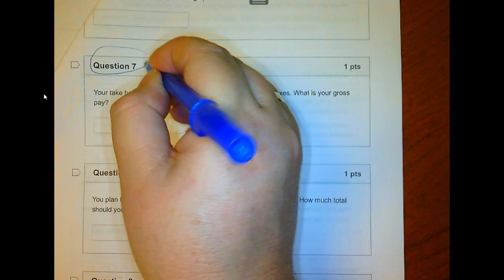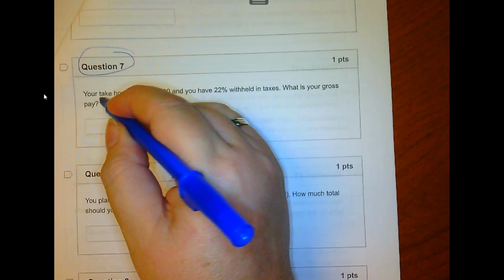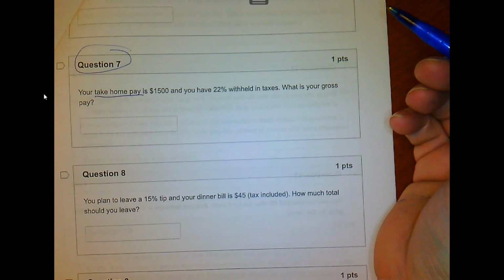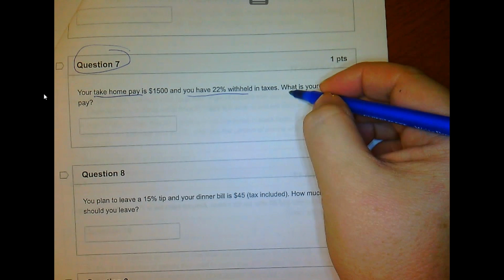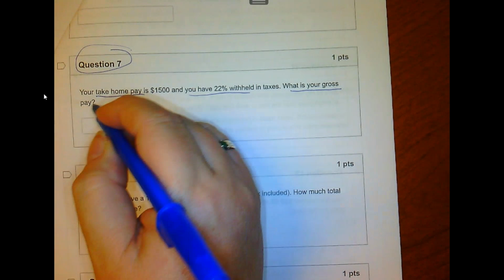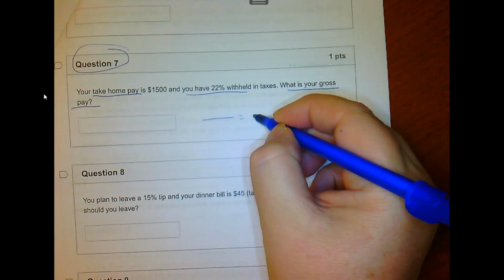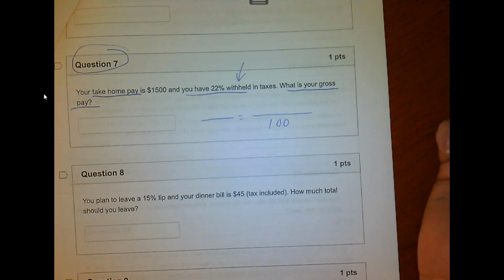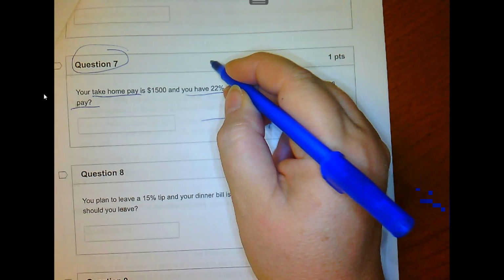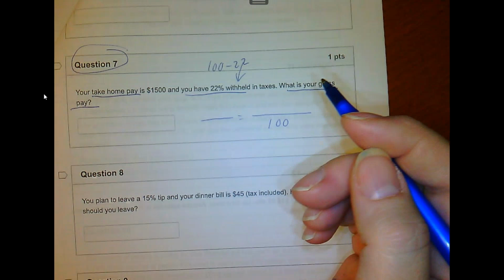7 is one I wanted to talk about the terminology. Your take-home pay is $1,500. You have 22% withheld. What is your gross pay? Okay. When they withhold taxes, you make less, right? They keep that. So that's a decrease.